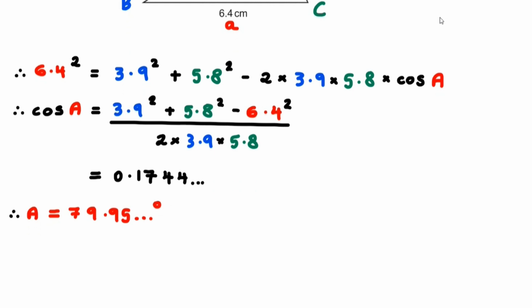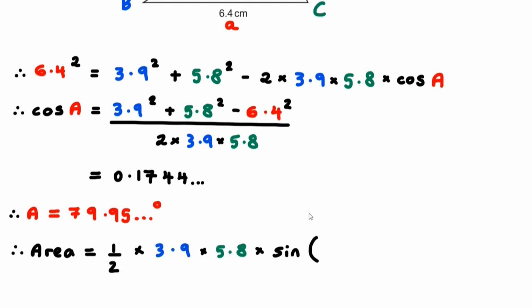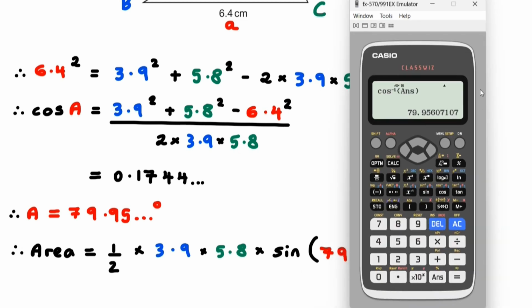So therefore, to work out the area, that's equal to 1/2 times by 3.9 times by 5.8 multiplied by the sine of 79.95, etc. So let's work this out.